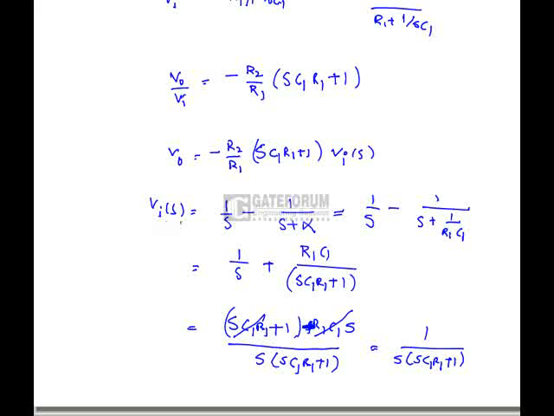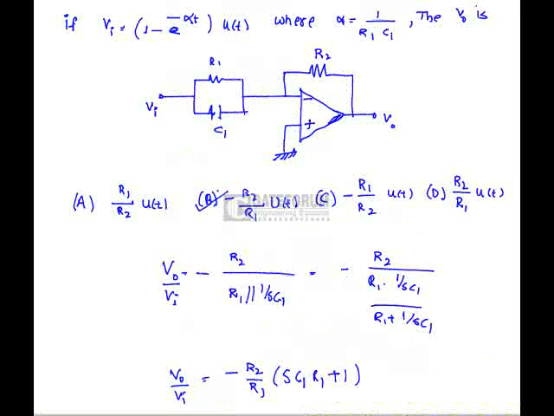If we substitute this value here, then V0 we will get in time domain as R2 by R1 U of t, which is option B. Option B is correct.